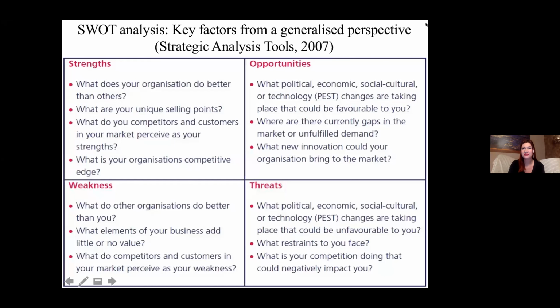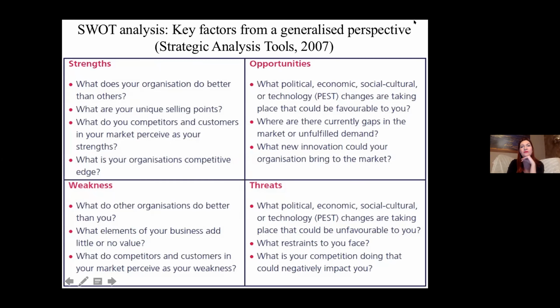So please tell me, what do you think? Which part of SWOT analysis is external and which part is internal? Please answer out loud or write me into the chat. Which part of this table is external and which part of this table is internal?